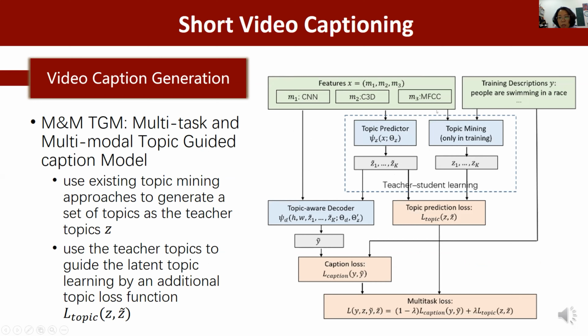We leverage pre-trained topic mining to learn latent topics, and use them as teacher topics that guide the latent topic learning by introducing a topic prediction loss. We integrate topic prediction and caption generation into a multitask framework, and use the topic prediction loss and the caption generation loss together to jointly optimize the model.